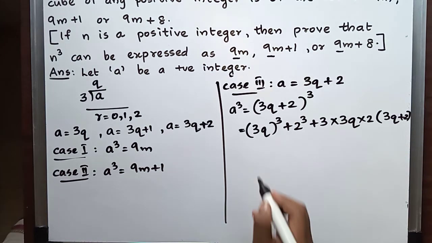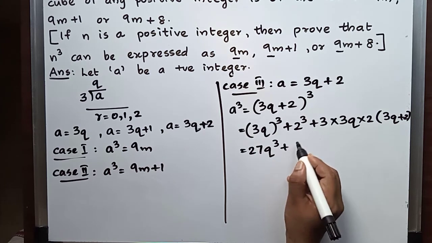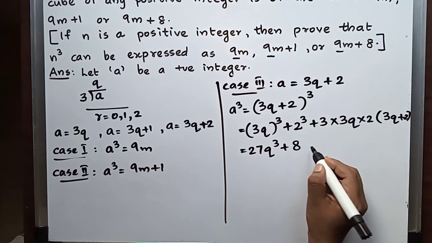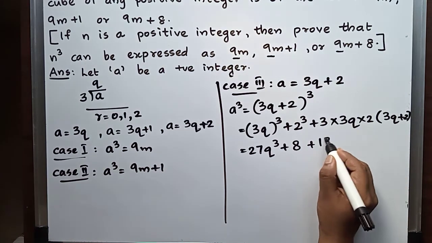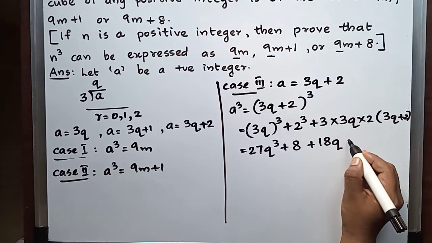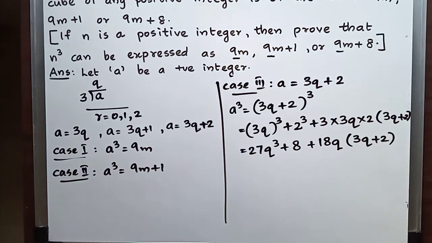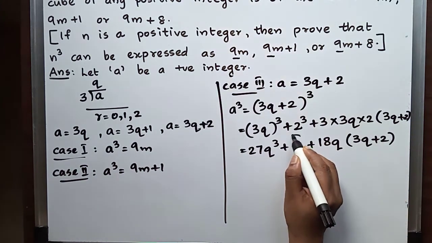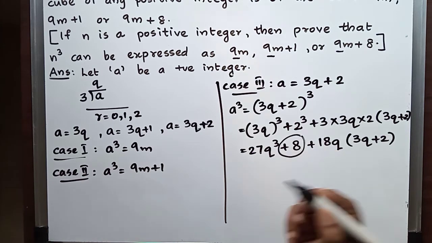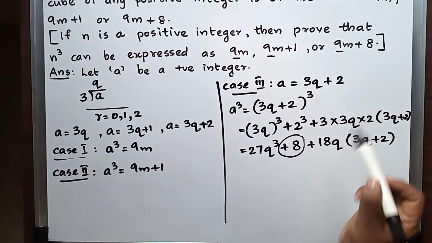Now this is same as 27q cube plus 2 cube is 8, plus 9 into 2, 18q into 3q plus 2. Now let it be like this, because we have a plus 8 term here.